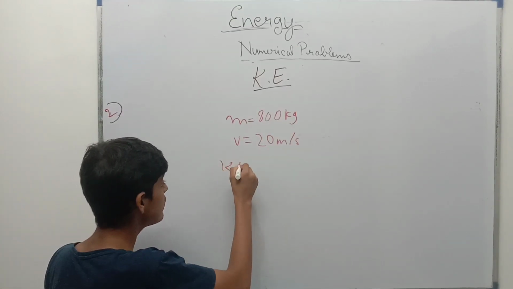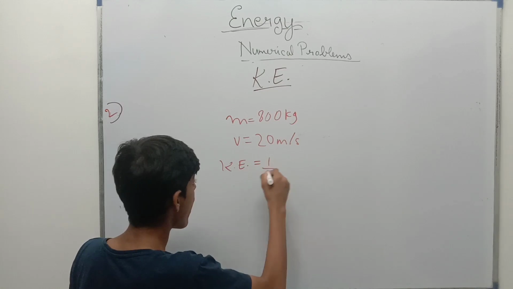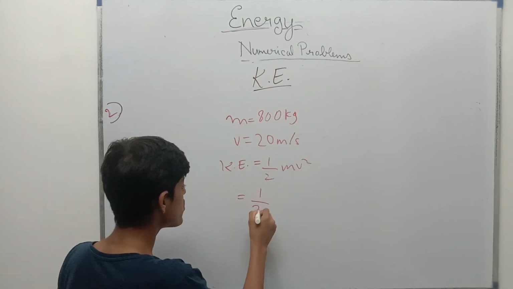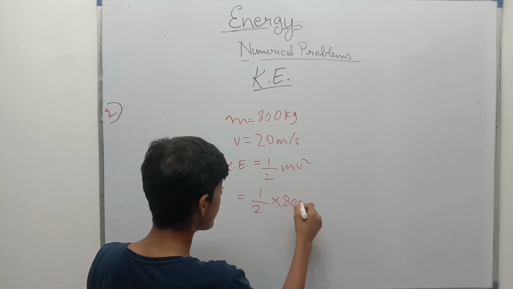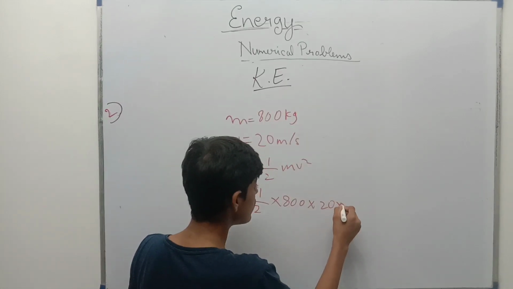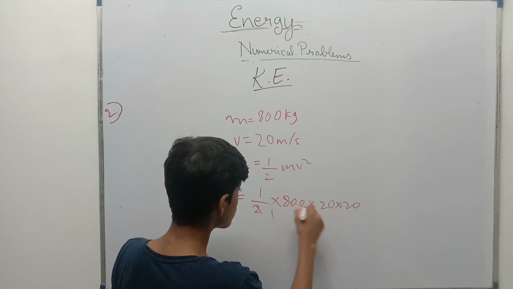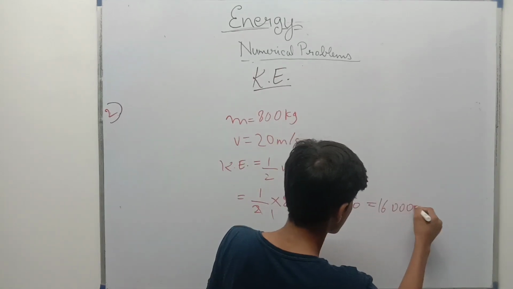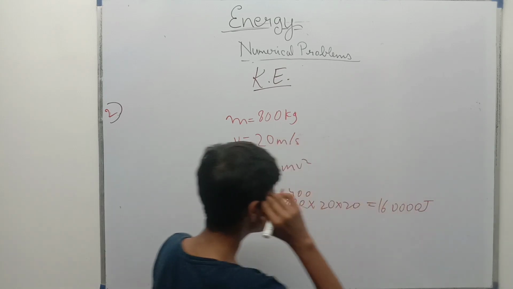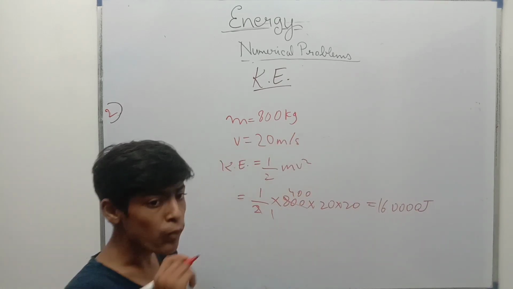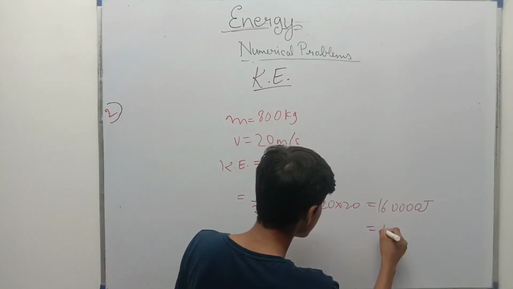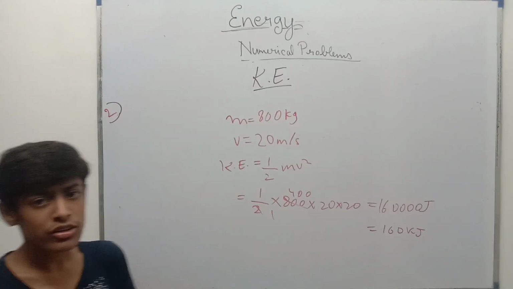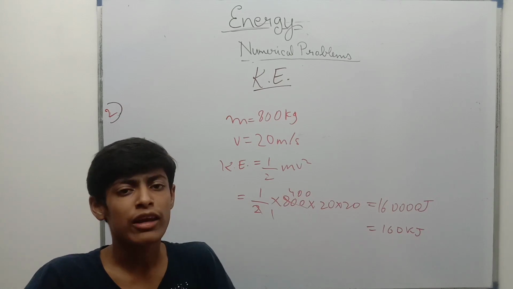So KE equals half mv square, which is 1/2 into 800 into 20 into 20, which is equal to 16,000 joule. No, 1,60,000 joule, which we can write as 160 kilojoule. And this question is very easy and it has been solved.